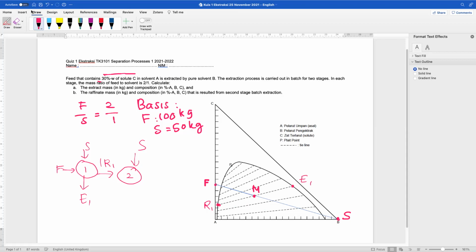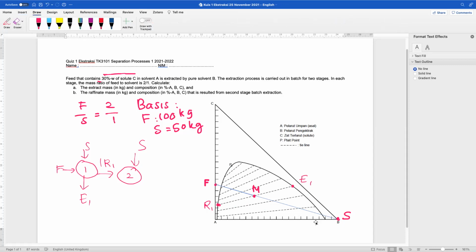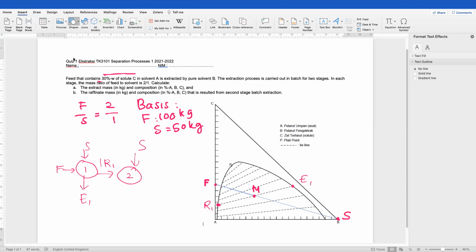So then what you need to do is to draw again the line, connecting the S, the solvent there, with the raffinate there.